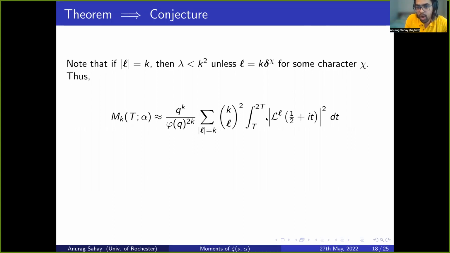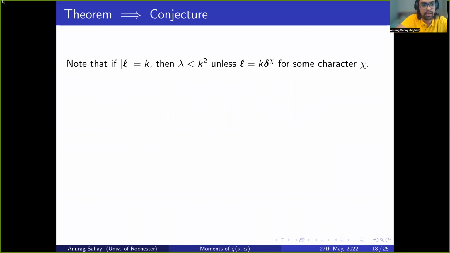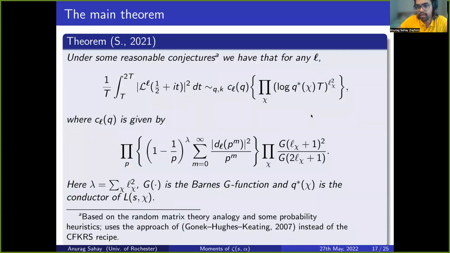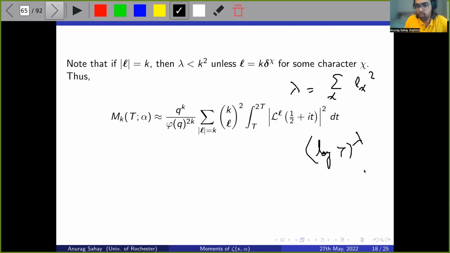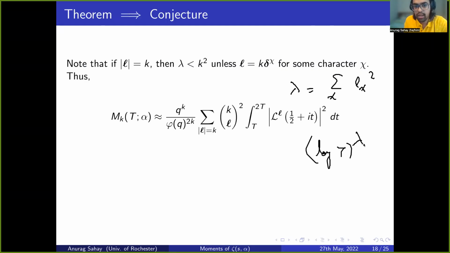So you want to know which of these terms contribute the main order term, and what each of these contributed was lambda equals the sum of L chi squared, right? Each of these contribute a log T to the lambda, where lambda is this sum, where all I'm saying is in this previous slide, this guy behaves like log T to the sum over chi of L chi squared. So the question is, when is lambda largest, under the constraint that the sum of L chi is K?